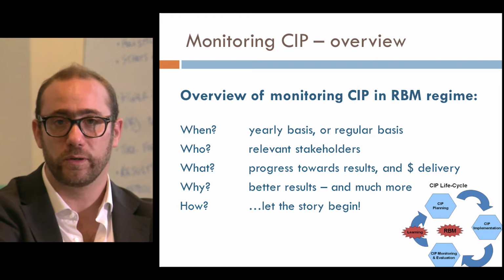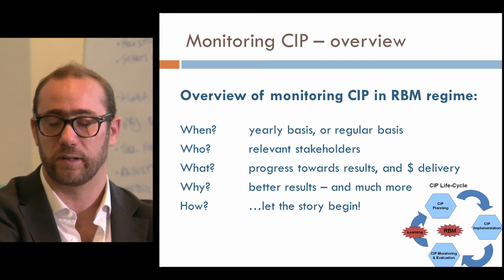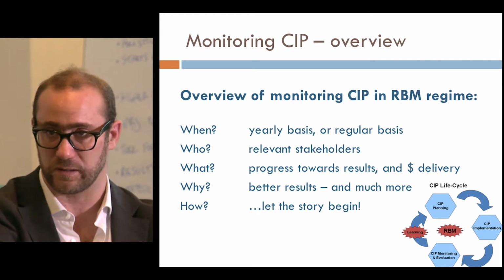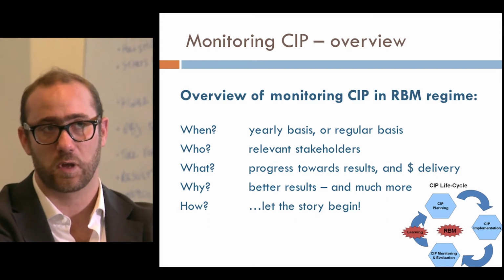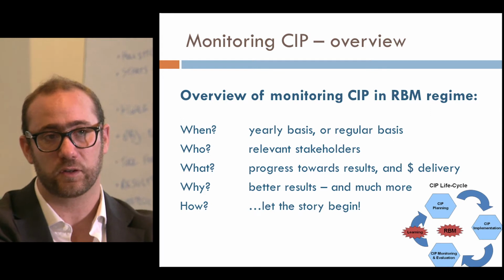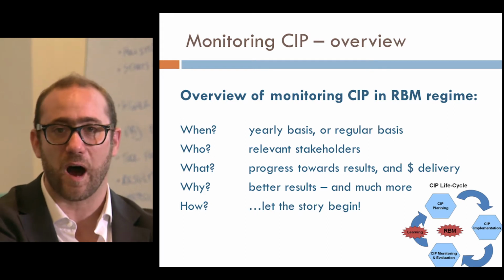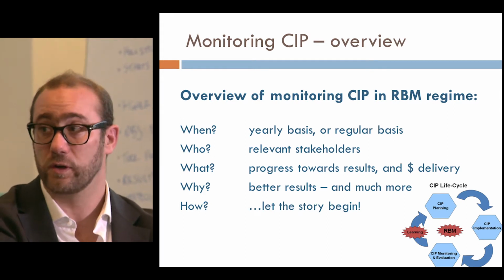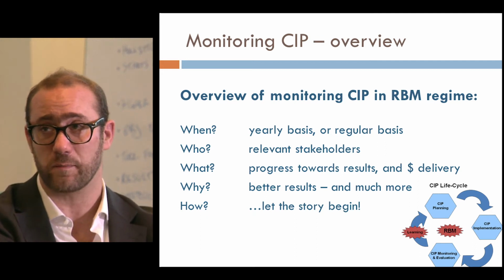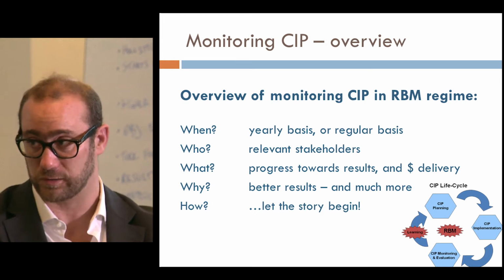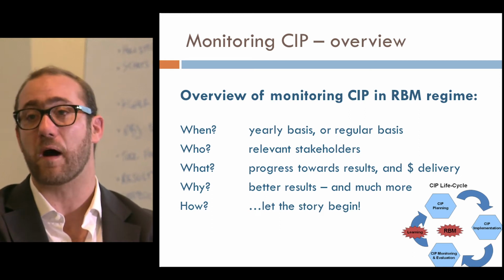When? We do it on a regular basis. For the case of Bangladesh, it is on a yearly basis, because we're talking about a structure of some 12 outcome indicators plus some 100 output indicators. So it is a major effort, and we talk about something like 490 projects. So we cannot do it on a monthly basis.